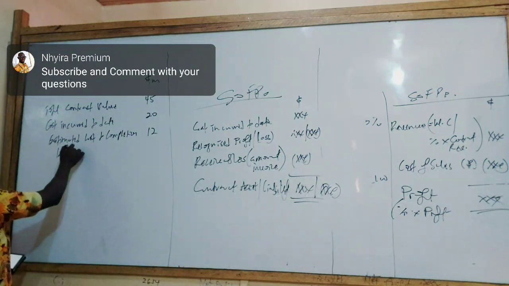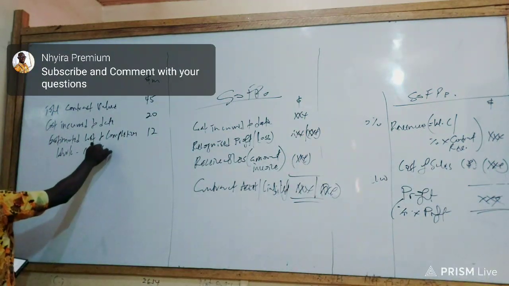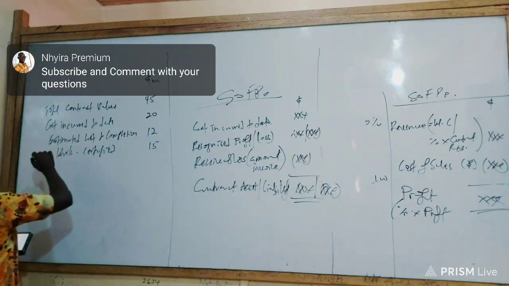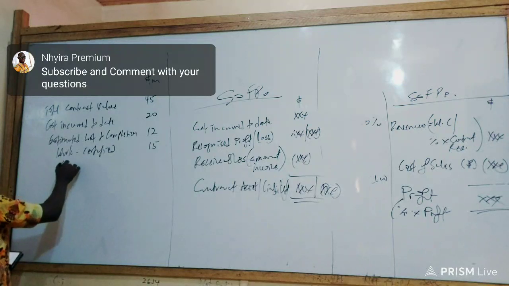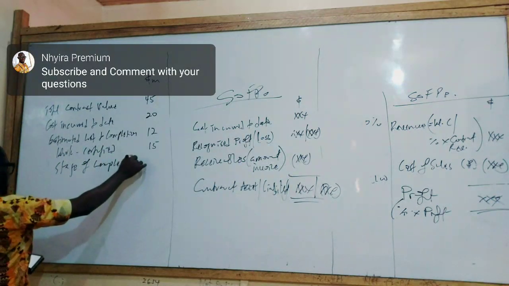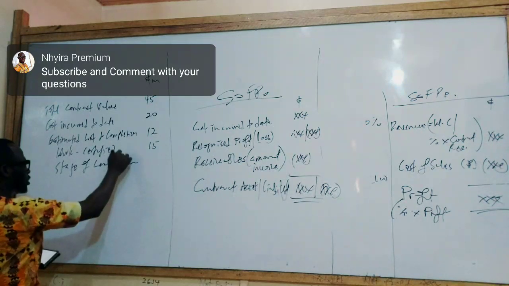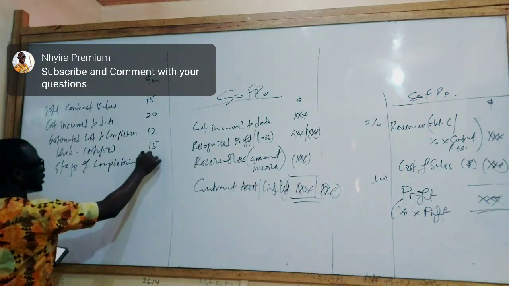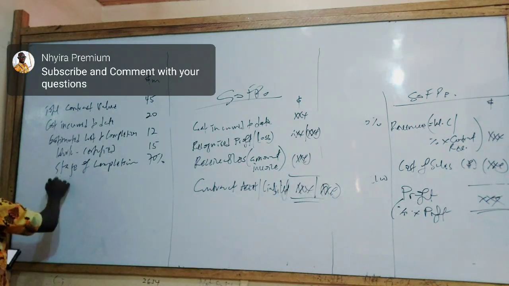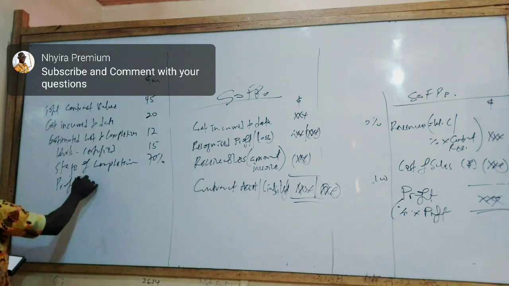Work certified, that is 15 million. And then stage of completion, 70%. And then profit recognized.